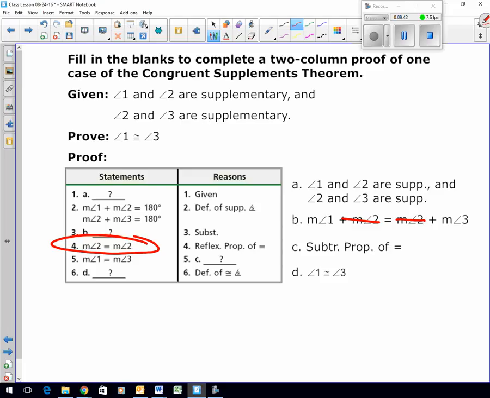And if I cancel those out, what's left over? Right here. Measure of angle 1 equals the measure of angle 3 for my substitution property. And then finally, if they're equal, they're congruent because of the definition of congruent angles.